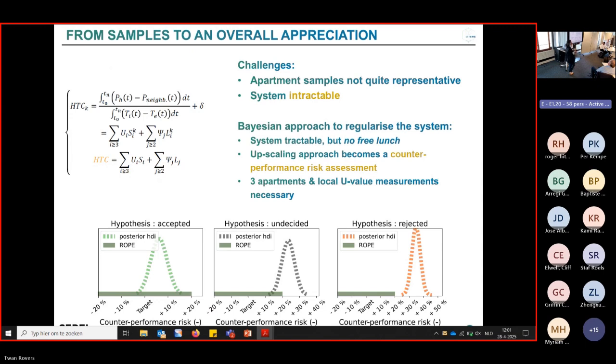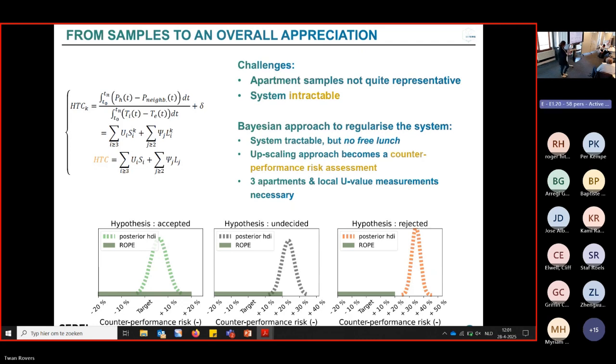And in addition, you can't even actually solve the problem. You want the HTC of the entire building. You only have the HTC of 2, 3, or 4 units. Mathematically, it doesn't work. So the trick was to use a Bayesian approach to regularize the system. I will not go into detail. HTC is not perfectly identifiable. So we turned it into not an HTC upscaling, but a performance risk indicator.